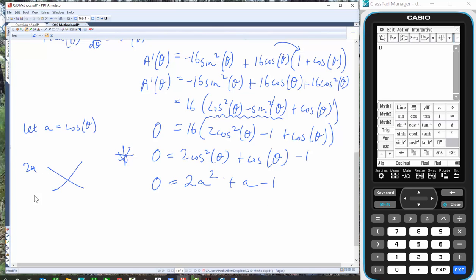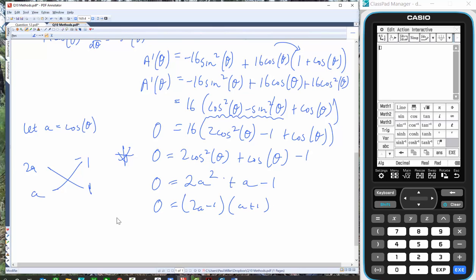So I've got 2a and a, and I need to make that 1 and 1, and which one's going to be negative? We need this one to be negative. So I've got 0 equals 2a take 1, a plus 1.